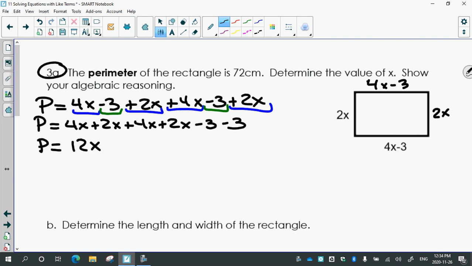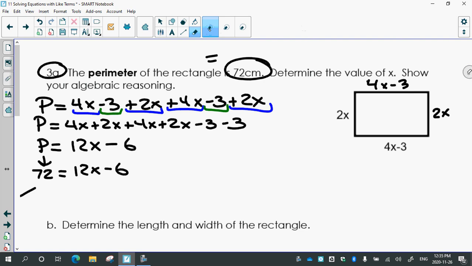Yep. Minus 6. Everybody good? Negative 3 minus 3 is negative 6. So all of that was yesterday's work, showing that you can find the perimeter by collecting like terms. What we're adding on today is now we know the perimeter, so we're going to arrow down: perimeter is 72. And now we can actually solve for that x because they tell us the perimeter. Okay? So this says 12 times the number minus 6 is 72.